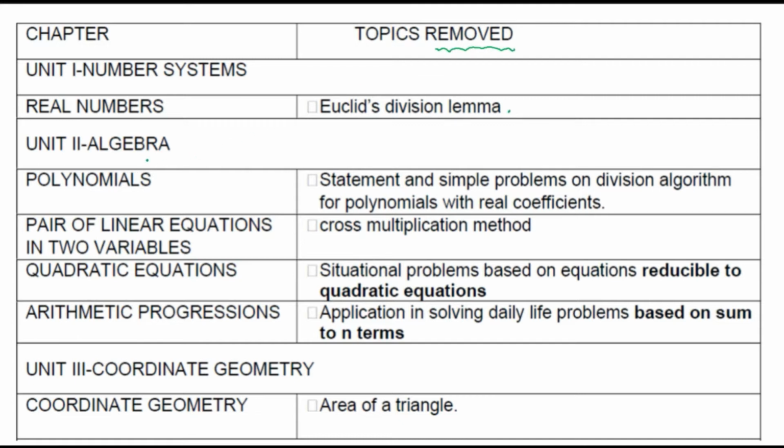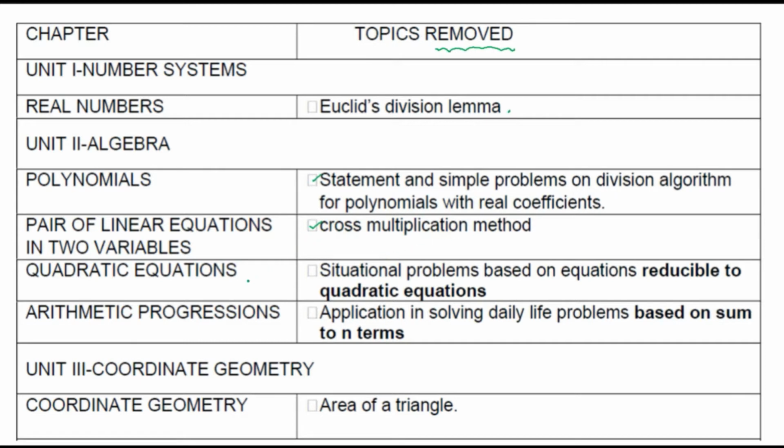In the unit 2 algebra, in polynomials, the statement and simple problems on division algorithm for polynomials with real coefficients is taken off. In the pair of linear equations in two variables, the method of cross multiplication is taken off.